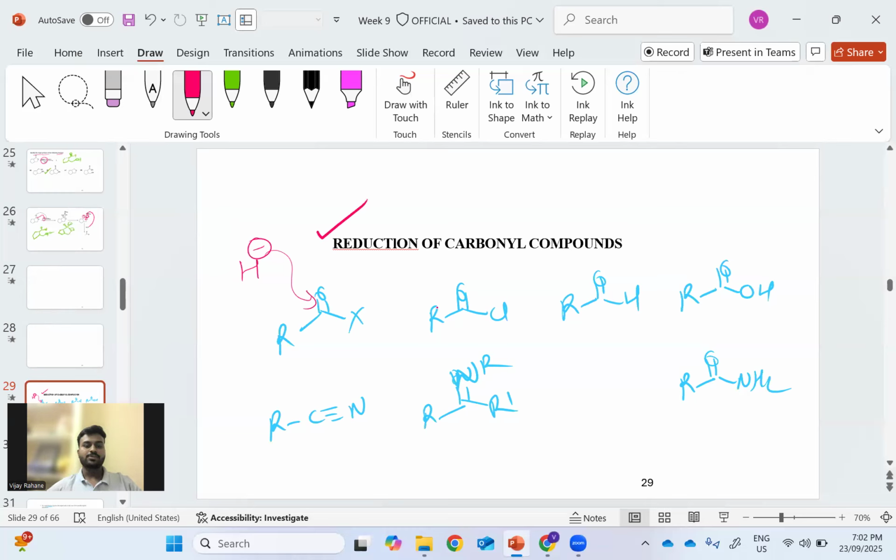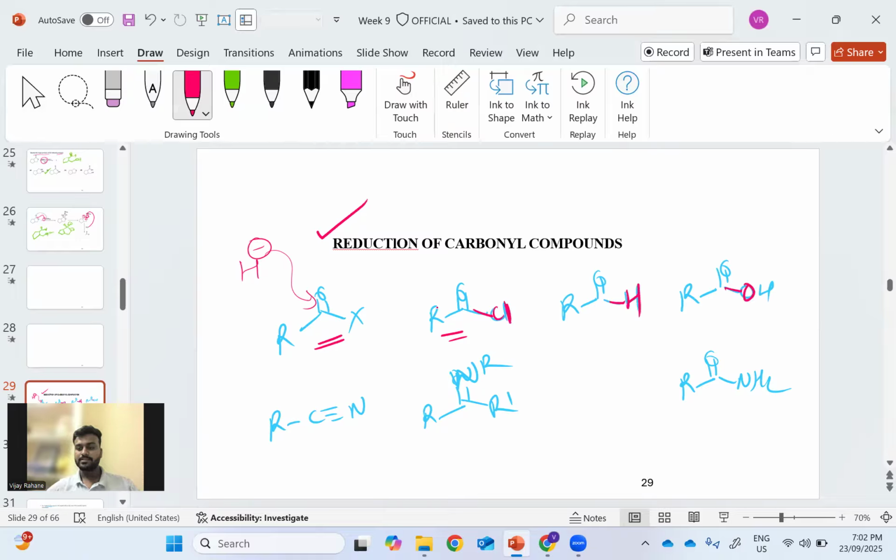In carbonyl compounds, we have the acyl halides like acyl chlorides, bromides, and such acyl halide compounds. Then we have the aldehydes, which have the carbonyl and hydrogen bond.